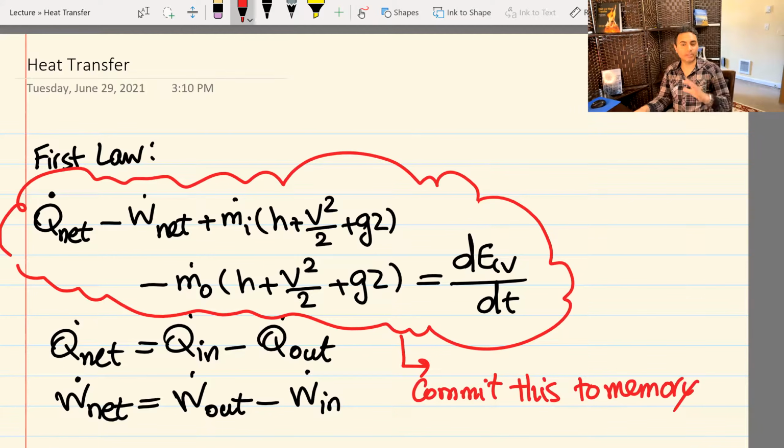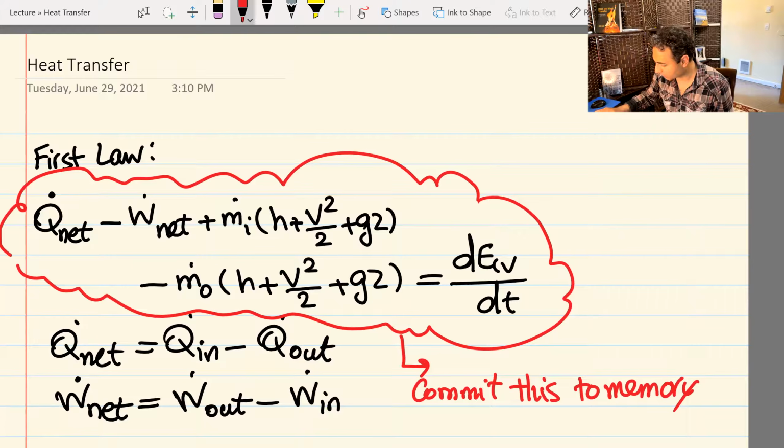You should be able to write this equation without looking at the book. And why is it important? Because I'm going to simplify this, and after I simplify it, we get the open system and the closed system out of it very easily. So let's do that real quick, and then we're going to be done with this section, and then we're going to move on next session to something else.